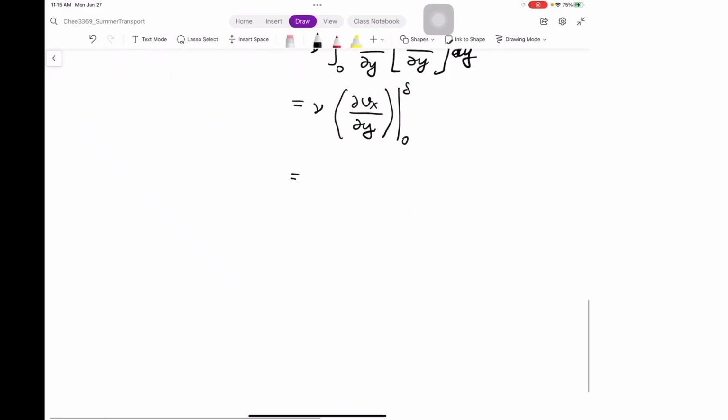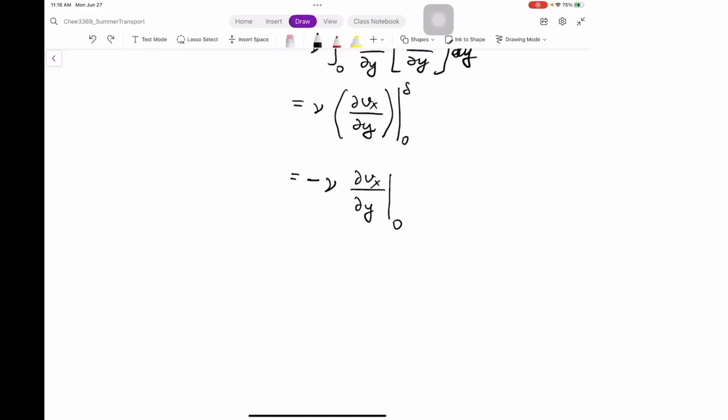It's equal to minus nu del Vx over del y evaluated at 0. If you evaluate this thing at delta, you get 0. The reason is because the velocity profile saturates at y is equal to delta, meaning that the velocity does not change.